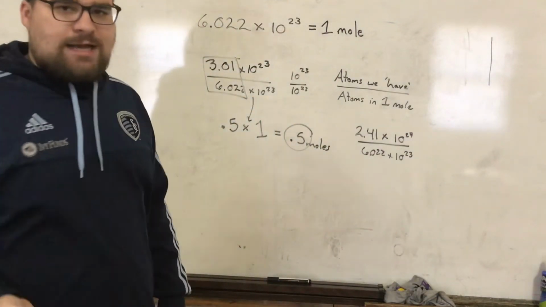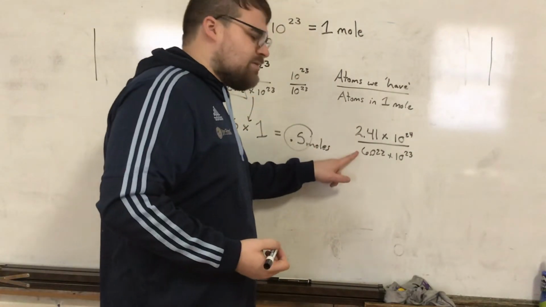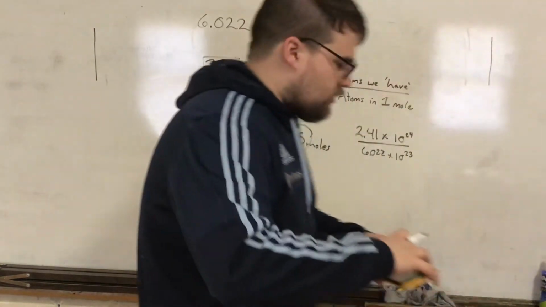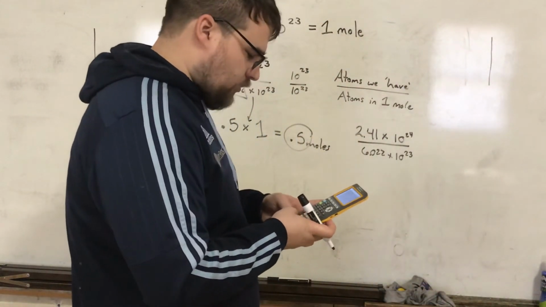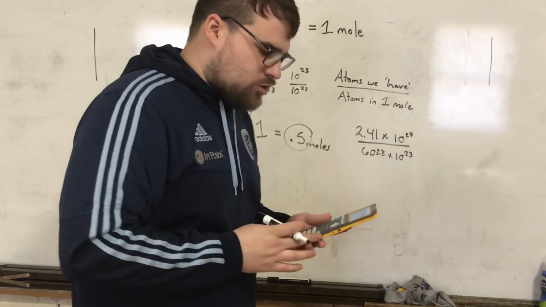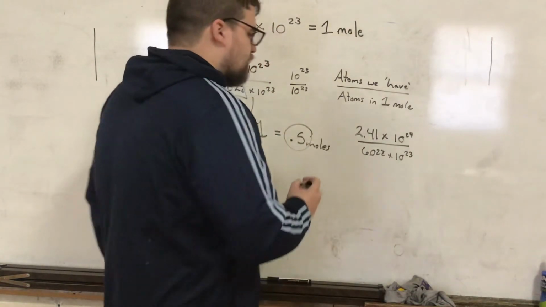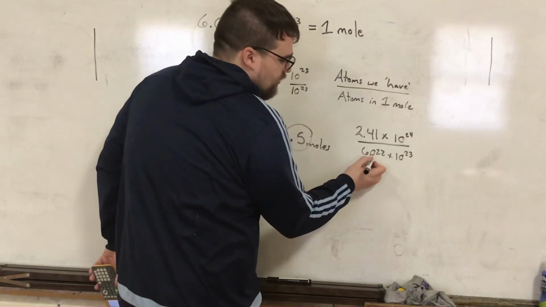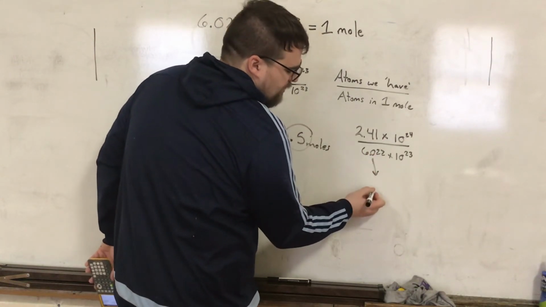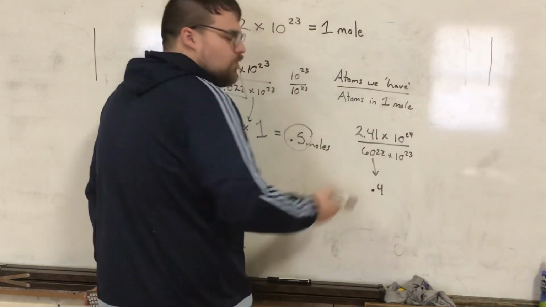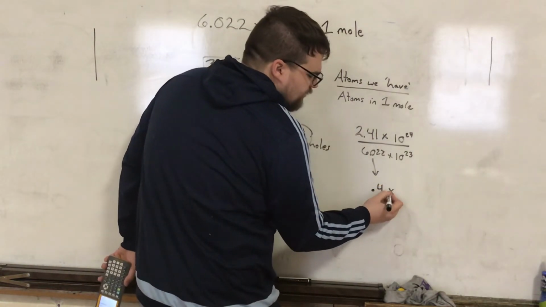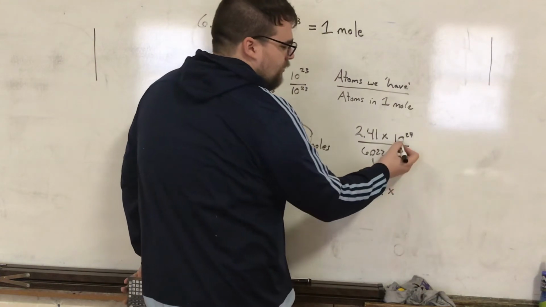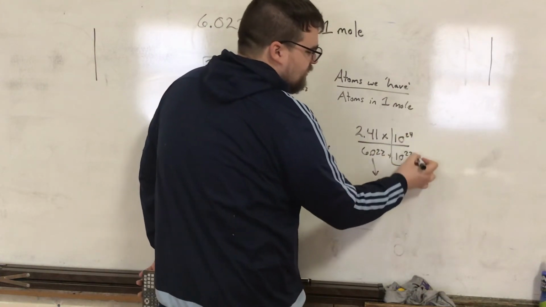So here's what's going to happen. We're going to divide these, right? 2.41 divided by 6.022, well, that gets us 0.400. So I'm just going to say 0.4. So this portion gets me 0.4, dividing those whole numbers. I drop the multiplication sign, times, and then we divide these.